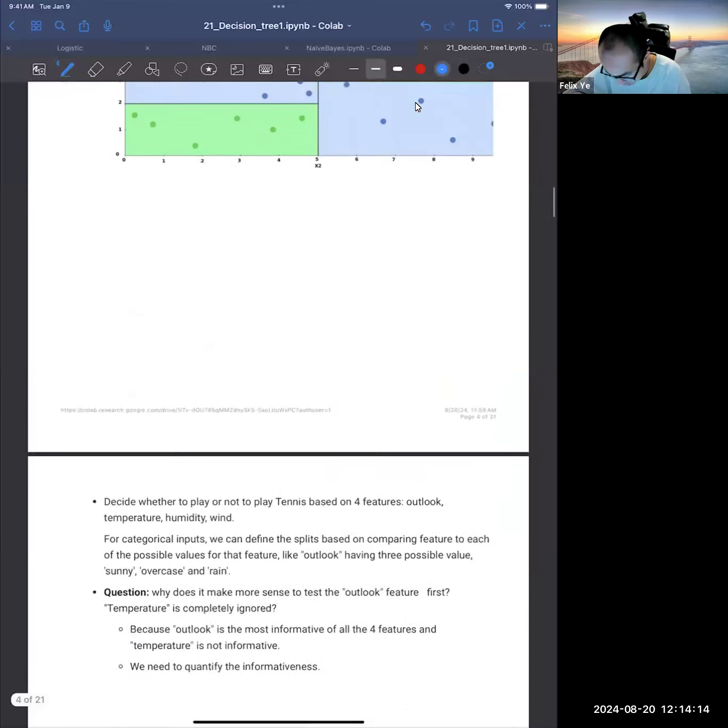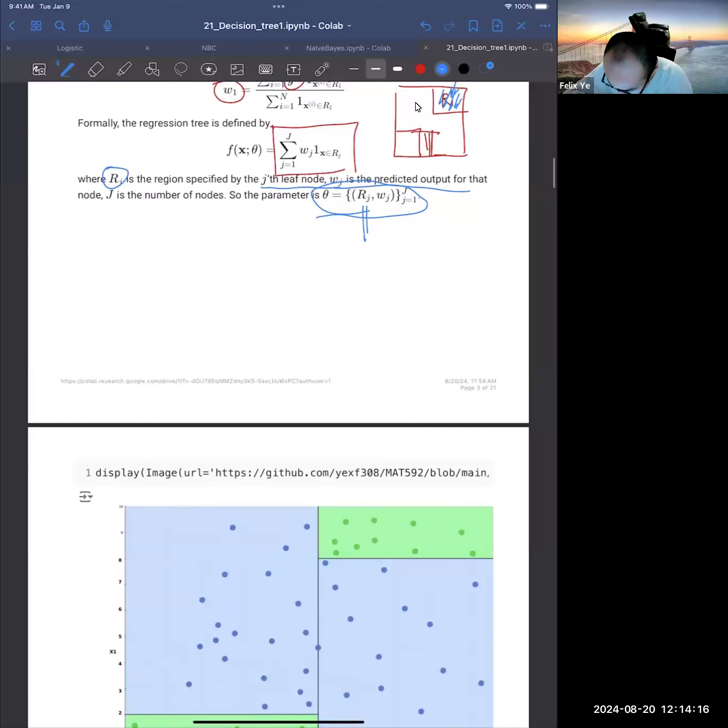All right, so that means we need to find the corresponding boundaries, and for each box we need to assign the values, whether it's blue or green or certain continuous values in regression.